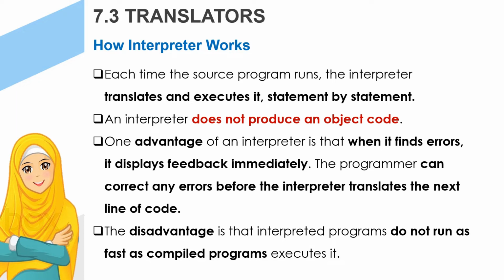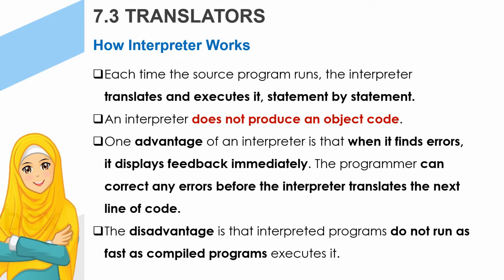Okay, each time the source program or the source code runs, the interpreter translate and execute it statement by statement. Statement by statement means line by line tadi. Okay, because coding kita memang tulis secara baris demi baris. Satu arahan, satu statement. Ya.